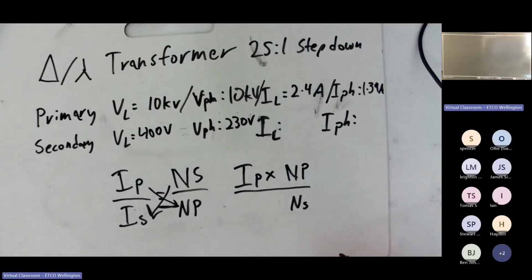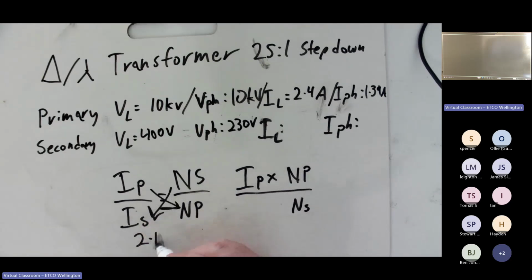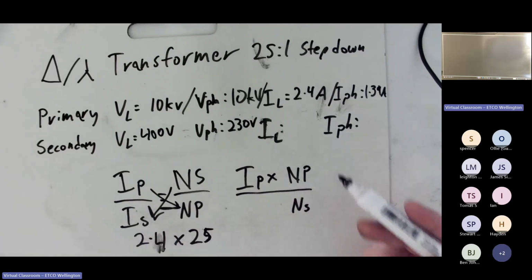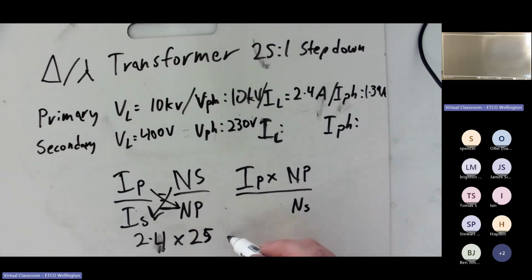Cool. So we take our I primary, which is 2.4, and we multiply that by the number of turns, 25. There's no point dividing by the number of secondary turns because it's 1. So we know it's just 2.4 times 25. So 2.4 times 25 gives us, Ben, were you doing the current?